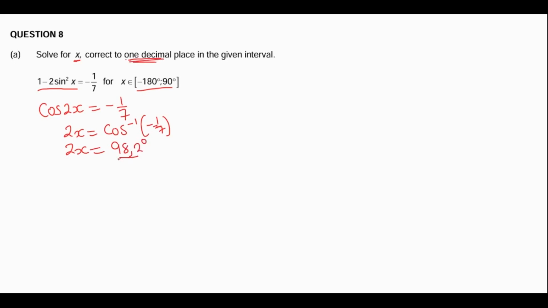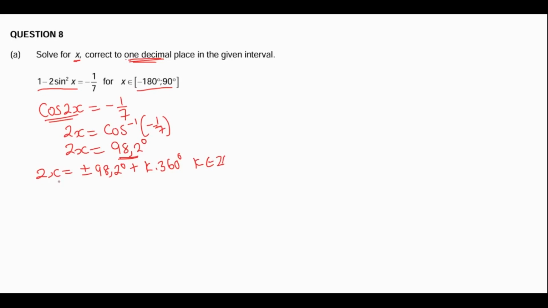This is our reference angle, so we put it in our general solution. It's cos 2x, so you can say 2x is equal to positive or negative 98.2 degrees plus k times 360 degrees, where k is an integer.